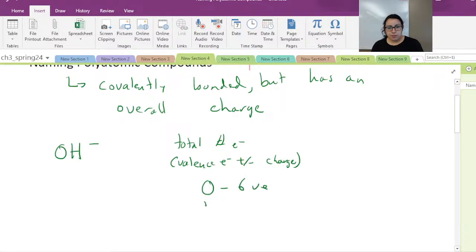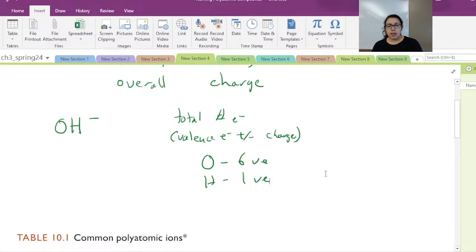And then hydrogen, of course, brings 1 valence electron. And then we have a charge, and since it's a negative charge, I'm going to add an electron to that. So for bookkeeping, I'll put my charge there and then have 1 electron.